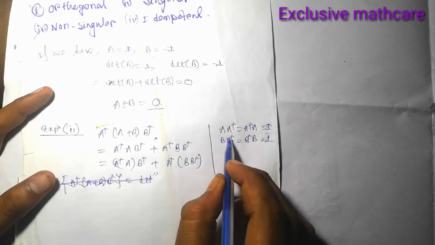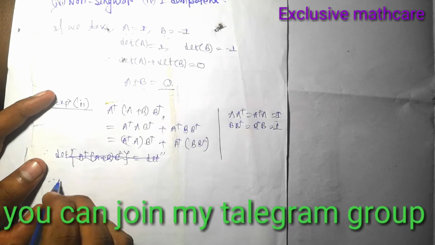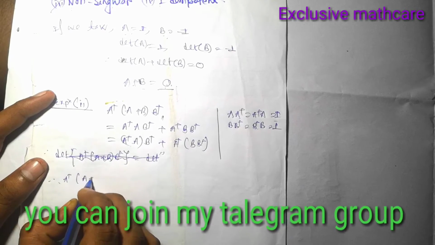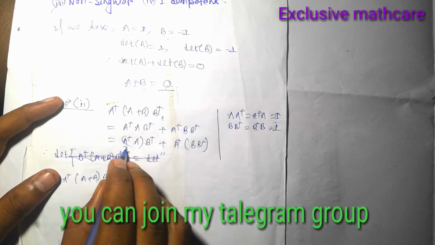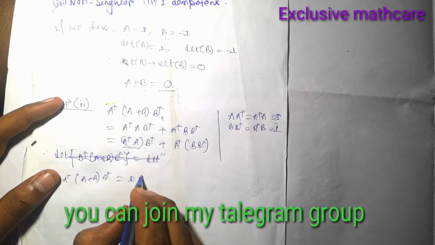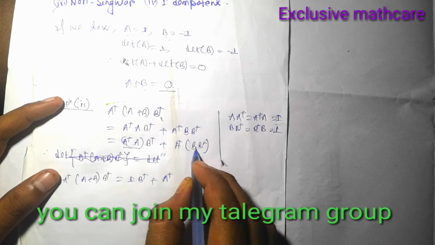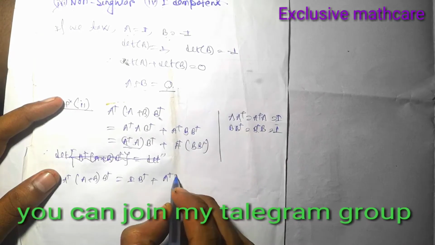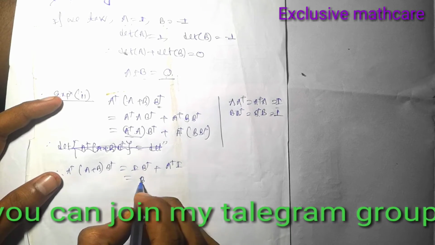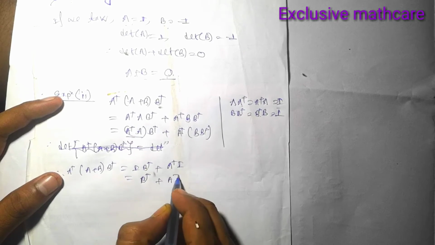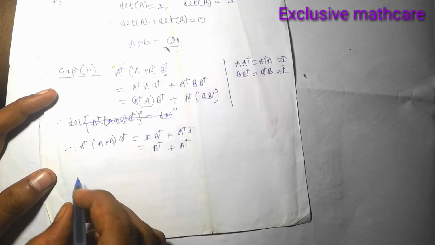Now we put in the values of these. So we get A transpose into A plus B transpose equals, this is identity, so I into B transpose. So this is the identity matrix from here. So from here we get B transpose plus A transpose. Now we take the determinant.